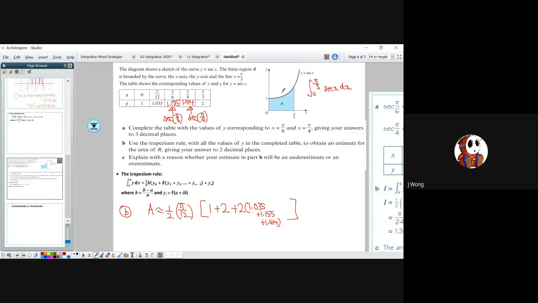If you just use one trapezium, for example, connecting from 0 to pi over 3, you could see that will connect above the curve. So that's why that trapezium will give you an overestimate to our answer. So for C, you could just say that this is an overestimate. And that is essentially 11.9 for you.